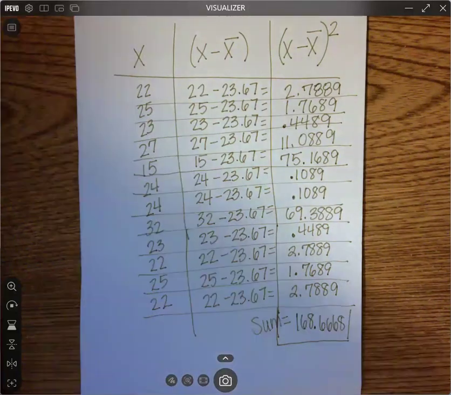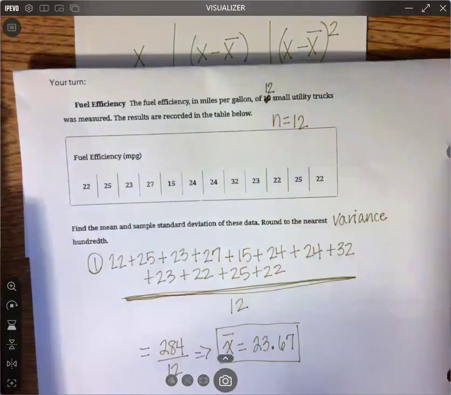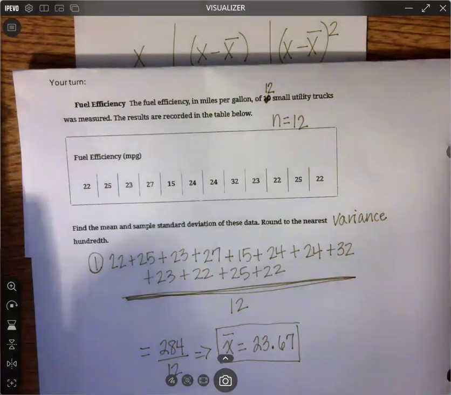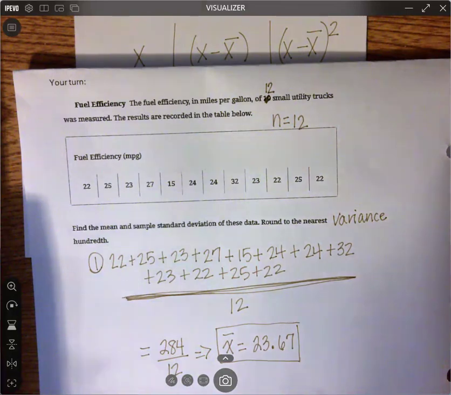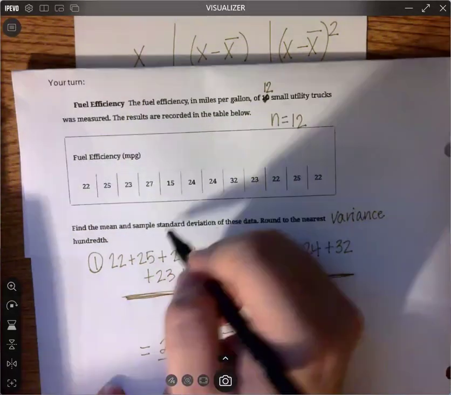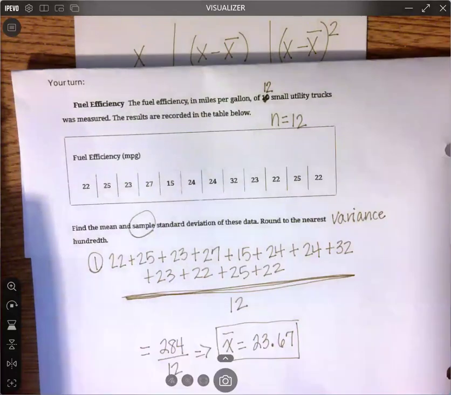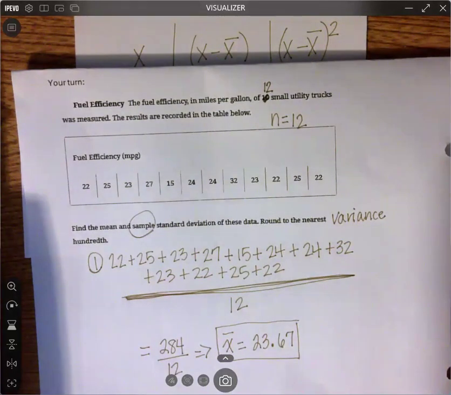Well, let's go back to the problem and make sure. It says the fuel efficiency miles per gallon of 12 small utility trucks was measured. So it is a sample. And if you had any question as to whether or not it was, it tells you right here to find the sample standard deviation. Okay.